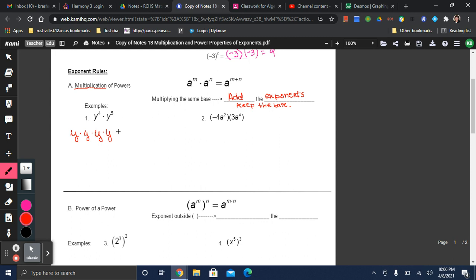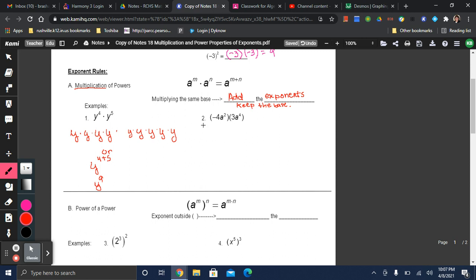Y to the 5th means y times y times y times y times y. And so that would be writing it without the exponents. Or you could do this by adding the exponents together. So the 4 plus the 5 to give you y to the 9th power.